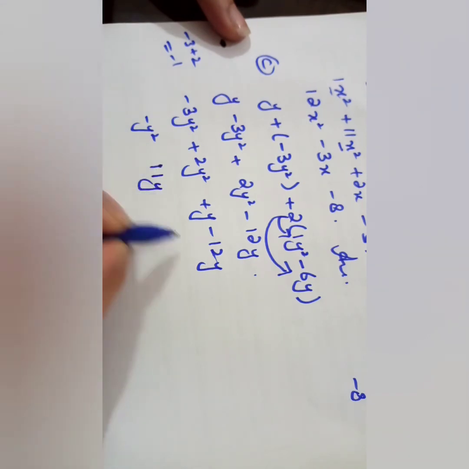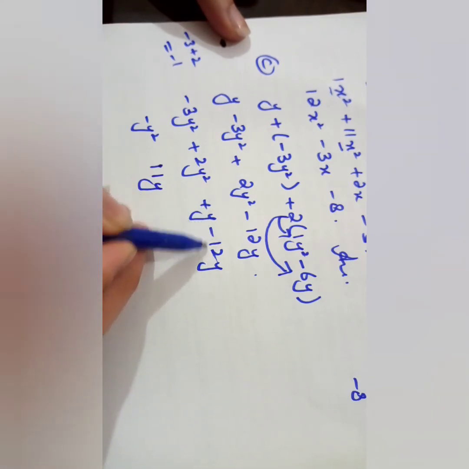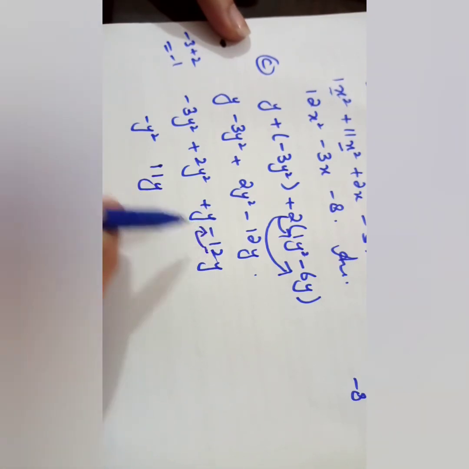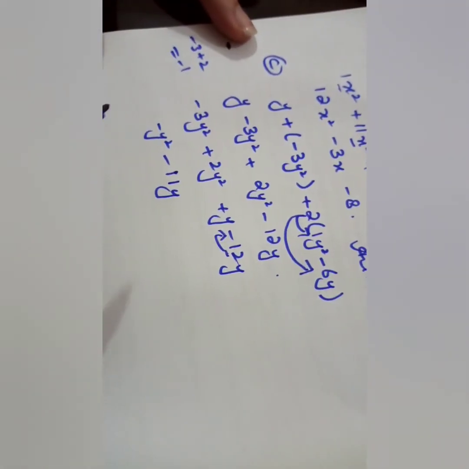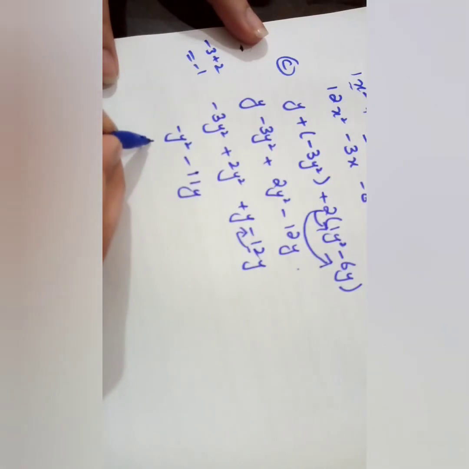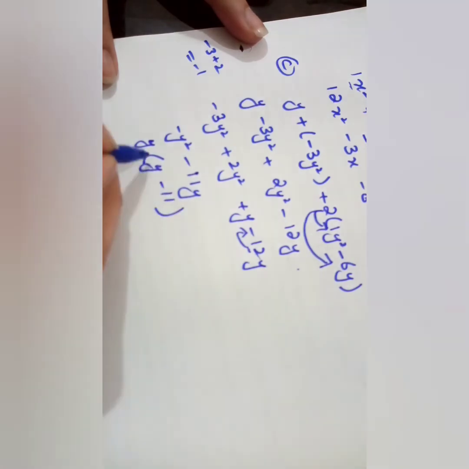Write down the variable, and the sign is that of the greater term. The greater term is 12 and it has the sign minus, so minus 11y. Now you can also take common in this question. If you take y common, your answer will be y times the bracket, minus 11.